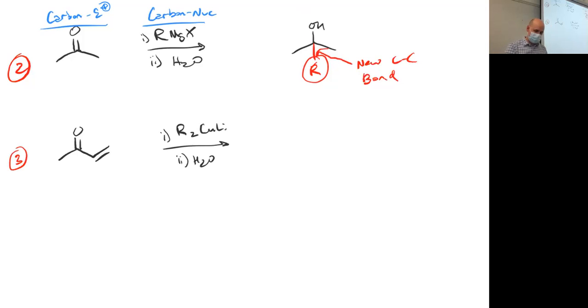And in this case, you would attach and make a new carbon-carbon bond at that beta position. That's your new carbon-carbon. And so basically these give you just two new ways of making a carbon-carbon bond at different relative locations.